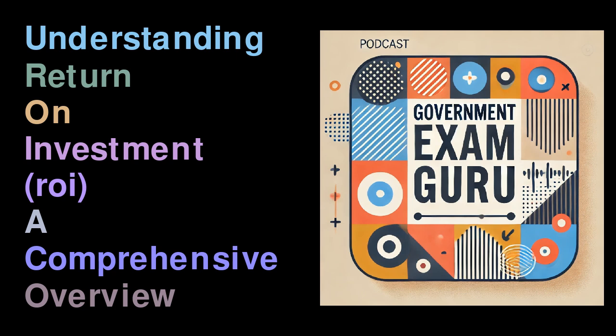Long-term investments typically demand higher ROI thresholds to be considered attractive. Industry norms. Different sectors have varying expectations for ROI based on market conditions and capital requirements. Investor goals. Individual financial objectives greatly influence what is deemed a satisfactory ROI.